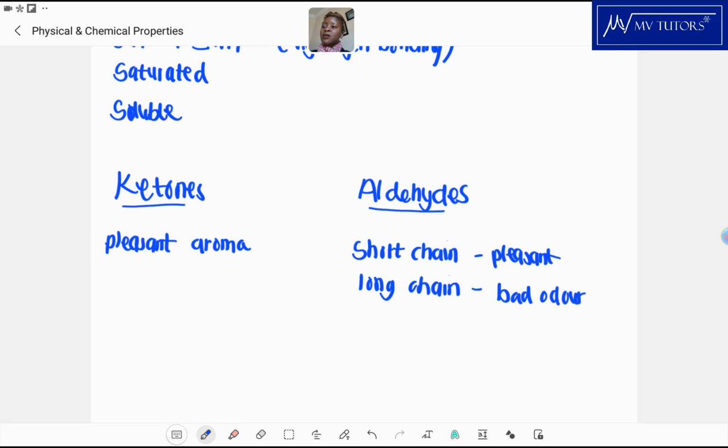Ketones and aldehydes both have weak intermolecular forces, weak induced dipole forces, but they both have stronger dipole forces compared to those weak forces. Not stronger in general, just stronger dipole forces.